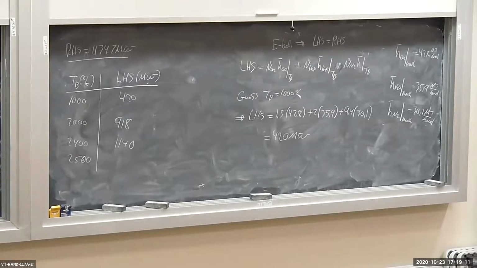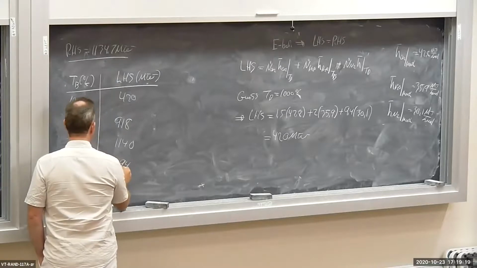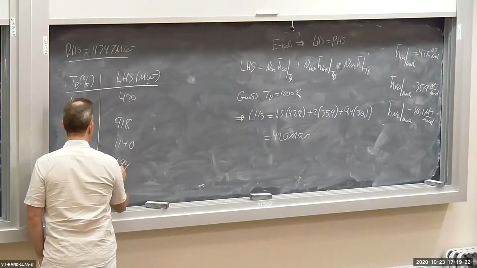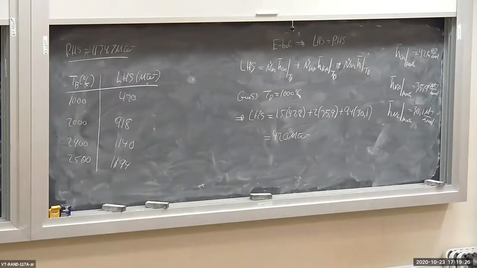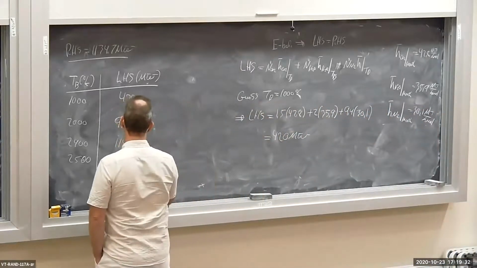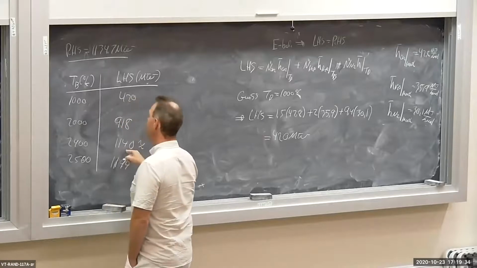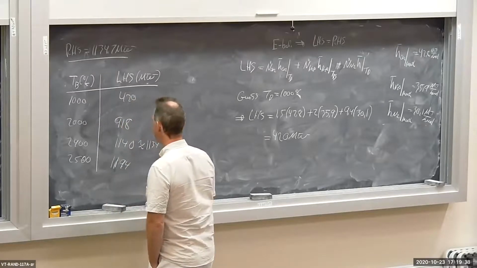Let's say I want to crank it up just a bit more. For 2500, I have 1194. So clearly 2500 overshoots the temperature, and 2400 is just about right. 1140 is approximately 1134.